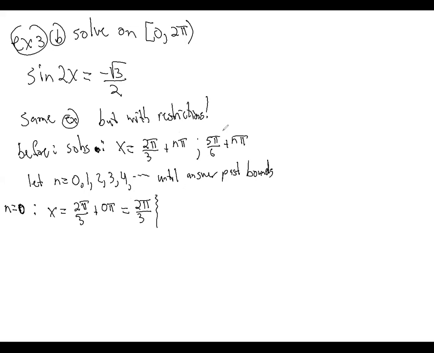In the second case, this was the 5 pi over 6 plus n pi. So 5 pi over 6 plus 0 pi. Well, that's just 5 pi over 6. So n equals 0 gives the answers that would be inside of your first, second, third or fourth quadrants without going around extra times, generally speaking. Okay, so those answers are less than 360 degrees, so we're going to move on to n equals 1.